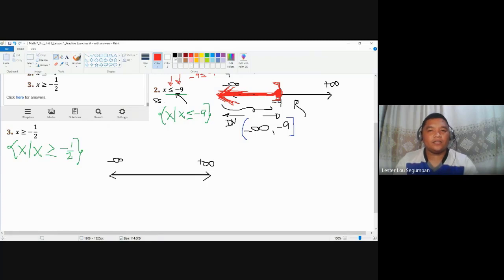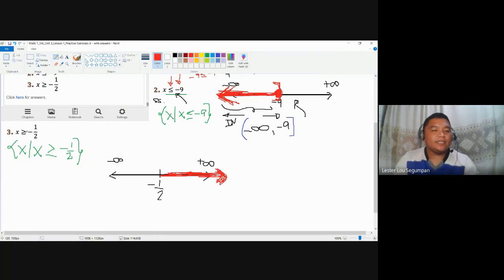It starts with negative 1 half. No need to write other values, just for representation of the graph, it could suffice. The direction goes towards the right because it uses greater than. So it again uses an arrowhead to denote that it extends towards infinity.